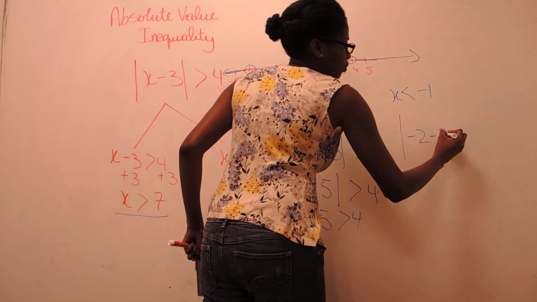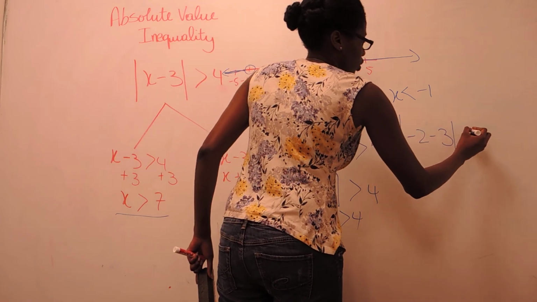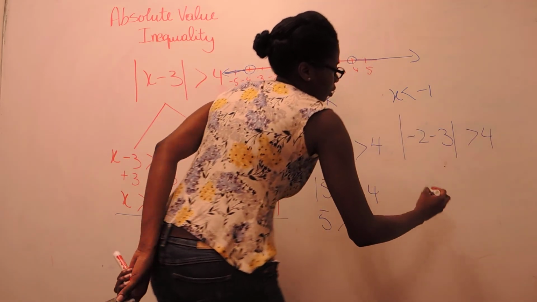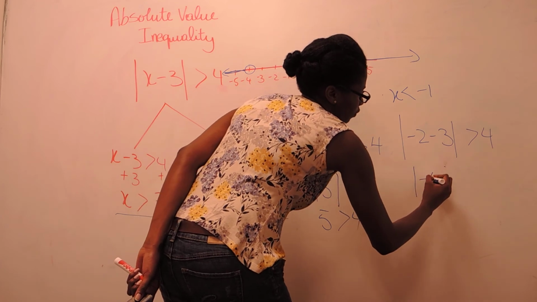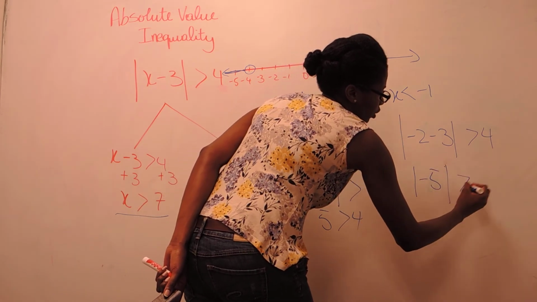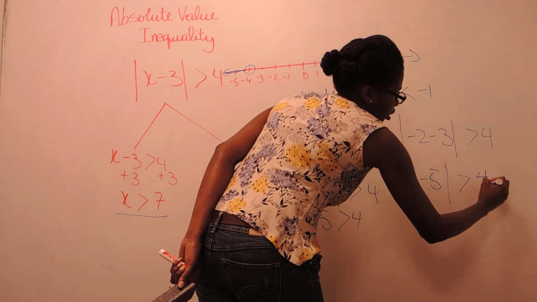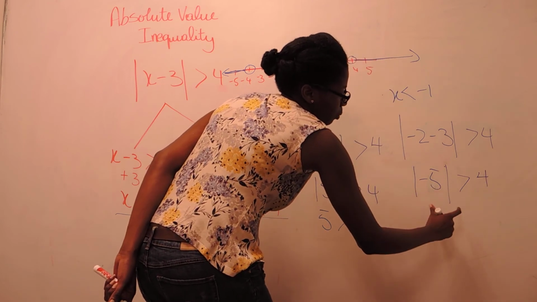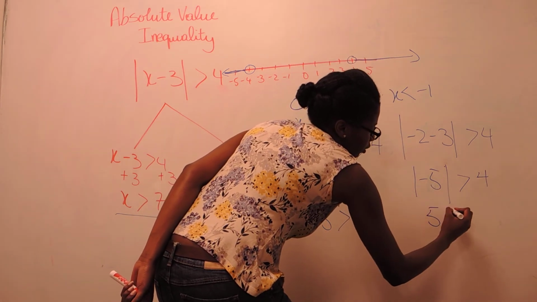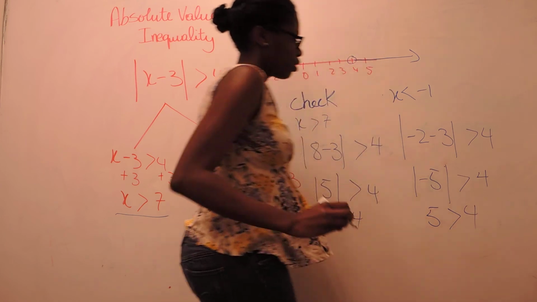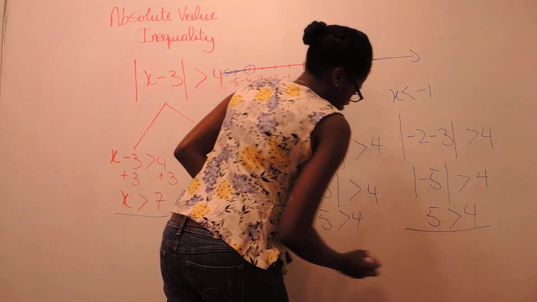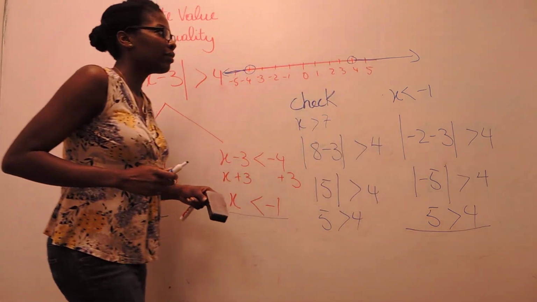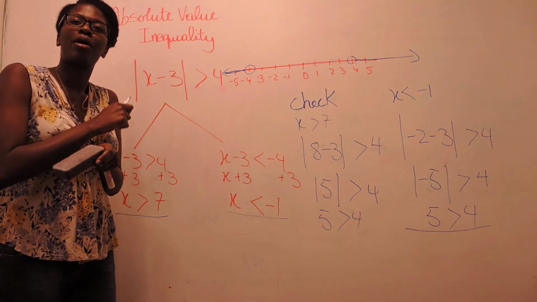Negative 2 minus 3 is greater than 4. So here we have the absolute value of negative 5 is greater than 4. And we know the absolute value is always positive. So we have 5 is greater than 4. Again, this is true. Therefore, we have solved this problem correctly.